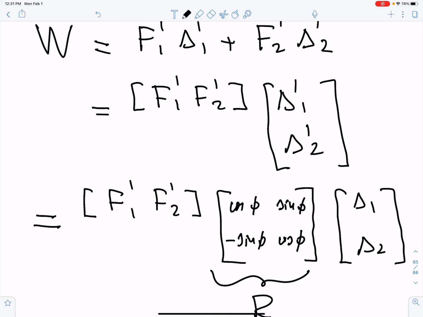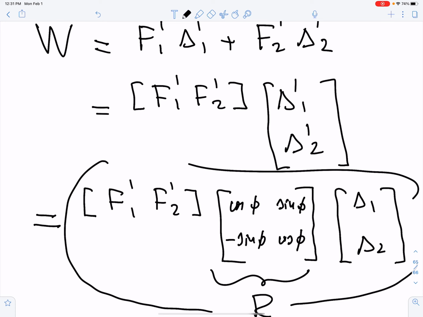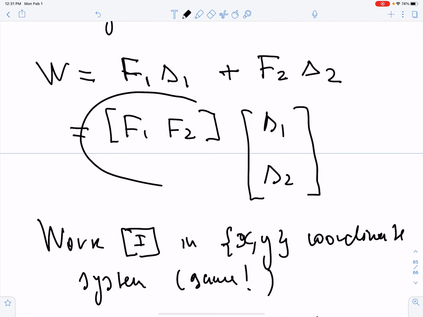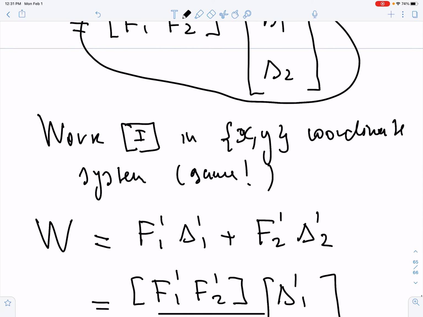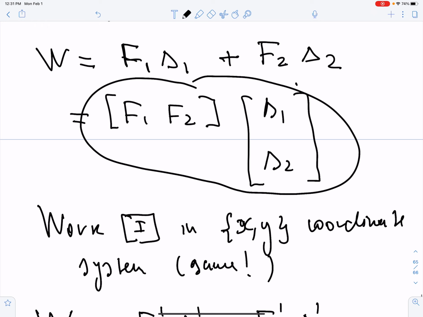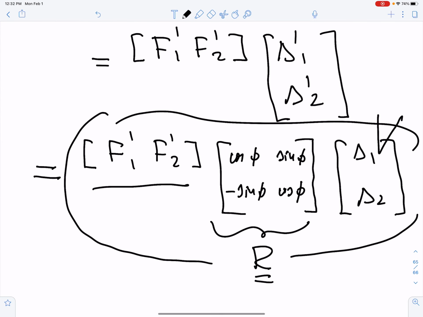So now let's compare this expression with this expression here. The delta 1, delta 2 part is the same between this one and this one, which means that in order to obtain the same work, whatever is here must equal the product of this quantity and that quantity.